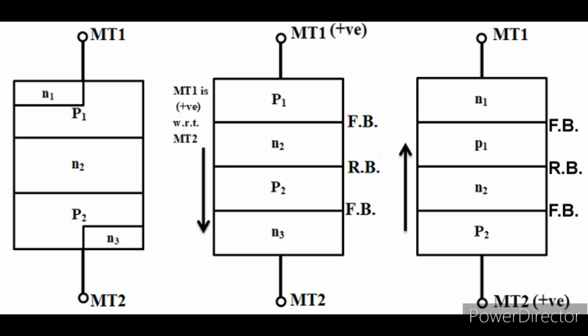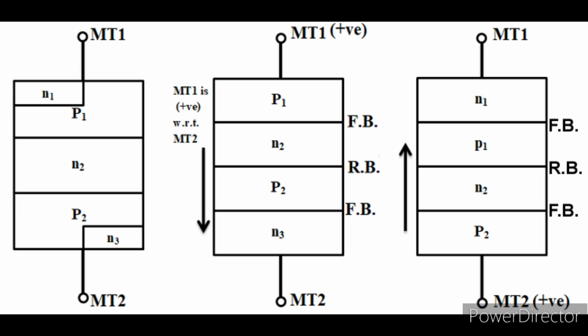Now, let us understand the working of this device. During positive half cycle, that is when MT1 is positive with respect to MT2, then the P1 layer near MT1 will be activated, making the junctions P1 N2 forward biased, P2 N3 forward biased, and P2 N2 reverse biased.